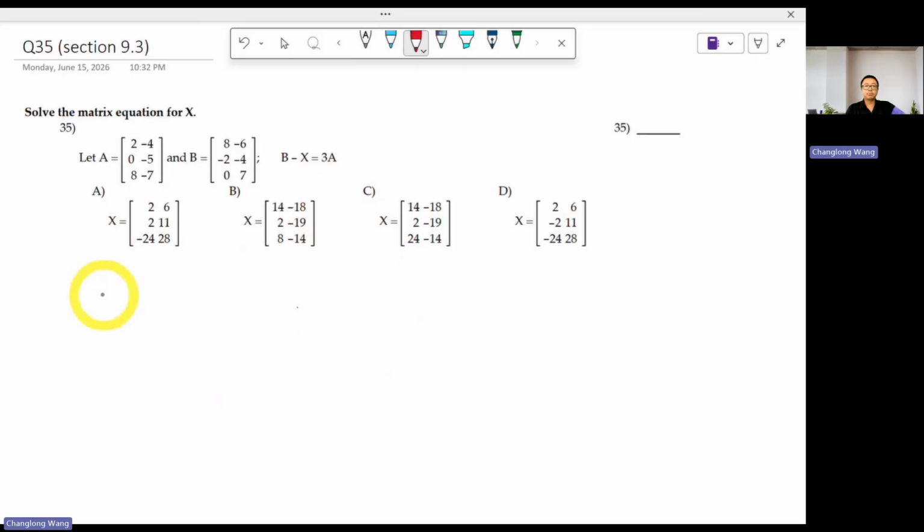So first off, what you need to do is solve this equation algebraically, as if the X, A, and B are just regular numbers.